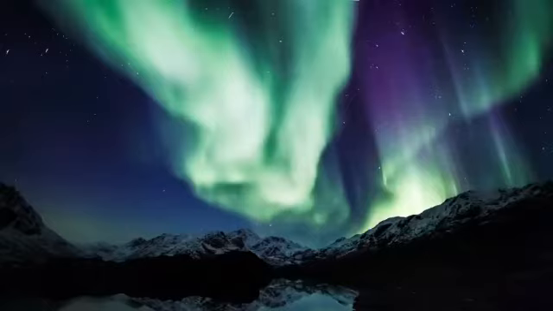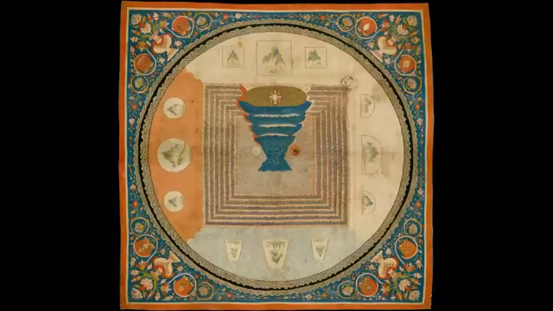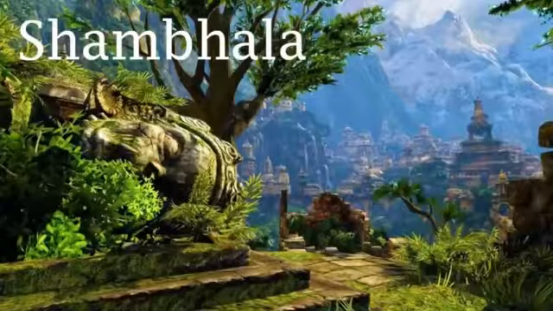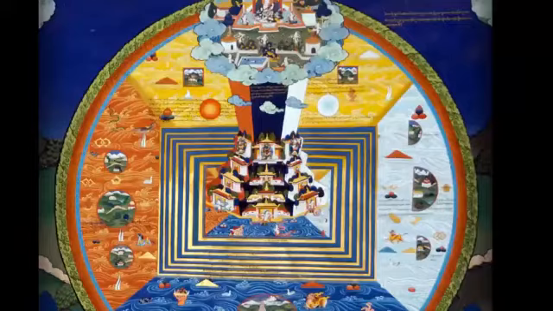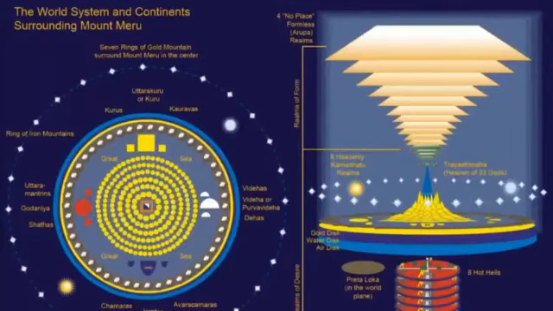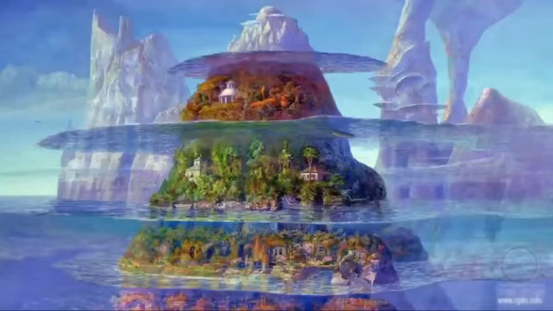The Hindu and Buddhist traditions speak of this legendary land as Shambhala. In Buddhist mythology, Mount Meru has its roots in hell and its summit in heaven, and is the bridge between Earth's realms.